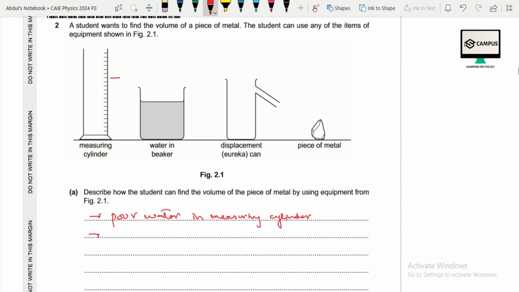Then we would take a reading or note down the level of water from the measuring cylinder. Afterwards, we would place the metal inside the measuring cylinder.